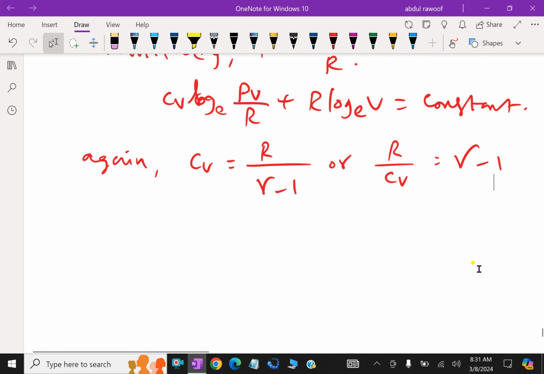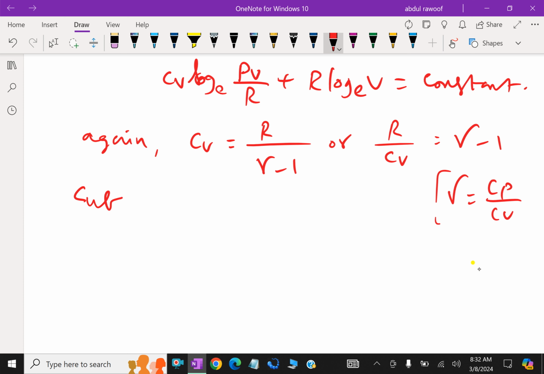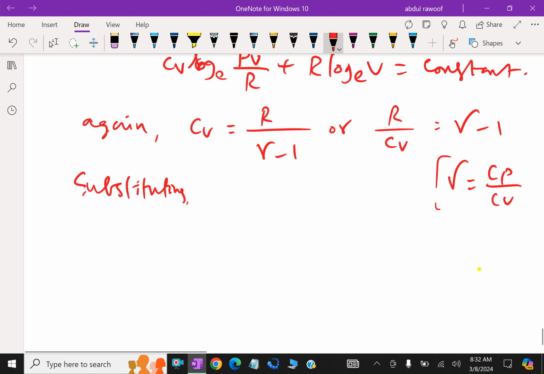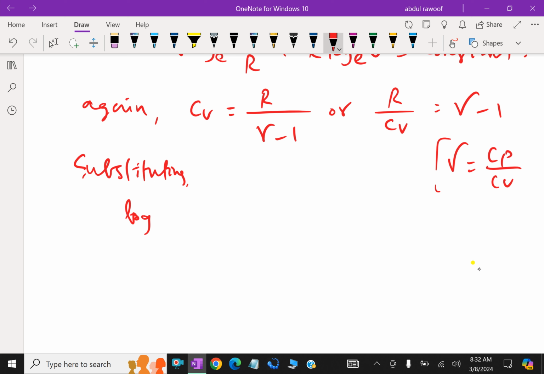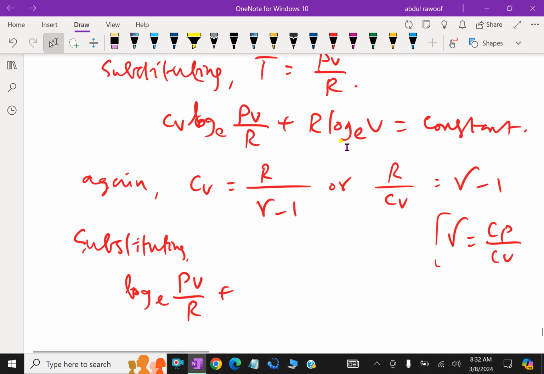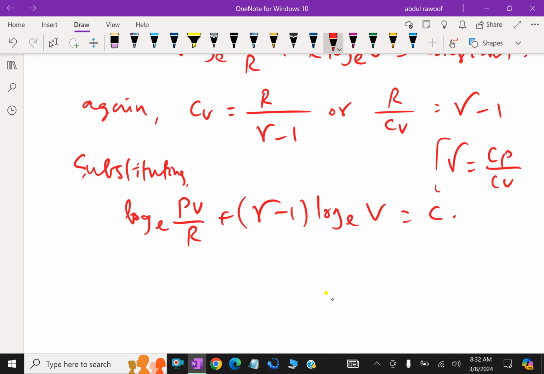Hence substituting these things here, log e PV by R plus R log e V by R into gamma minus 1, log e V equal to constant.